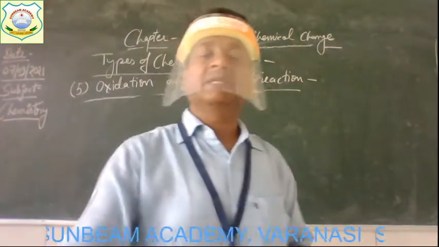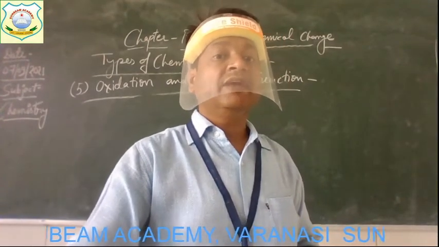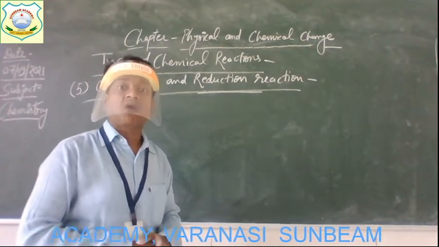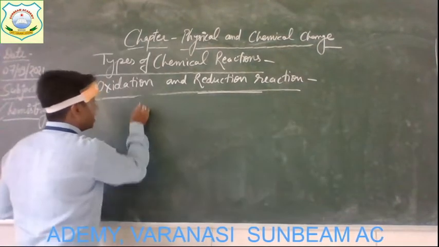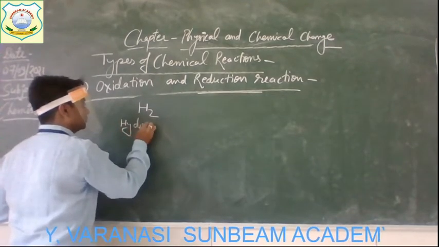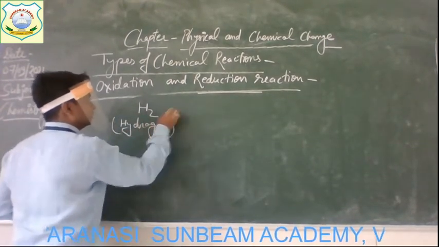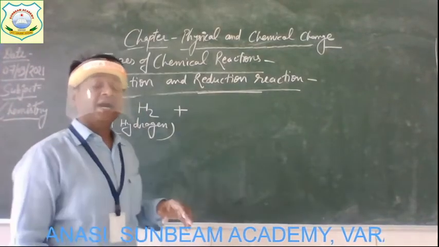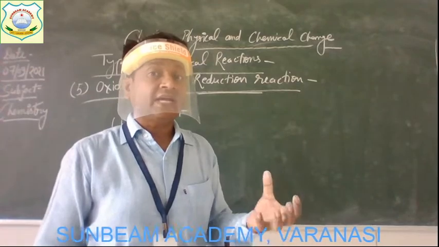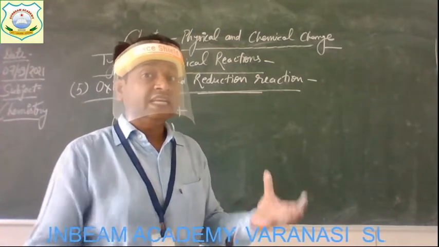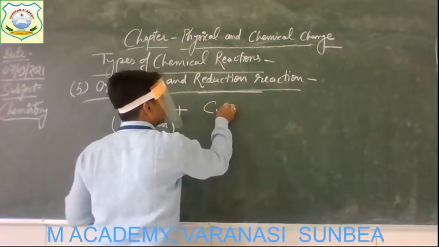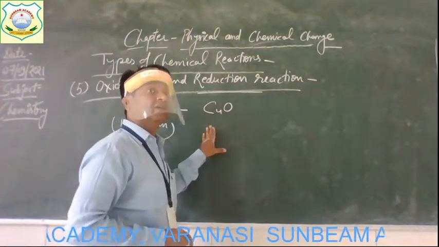Now take some examples. The first example is when hydrogen is passed over heated black copper oxide. Hydrogen is going to pass over heated copper oxide.